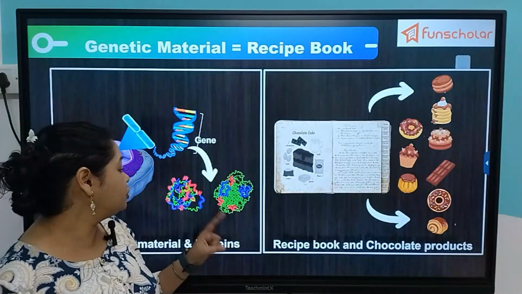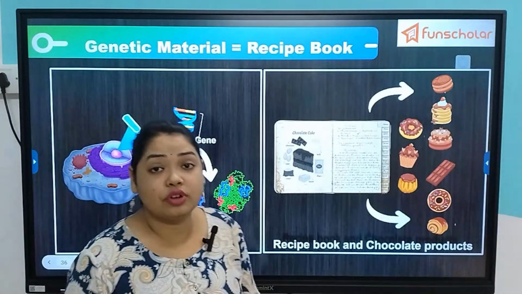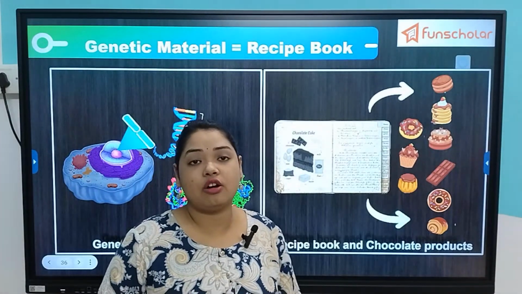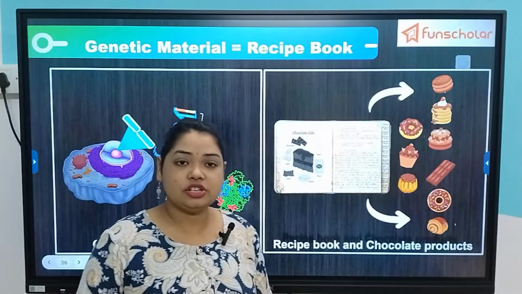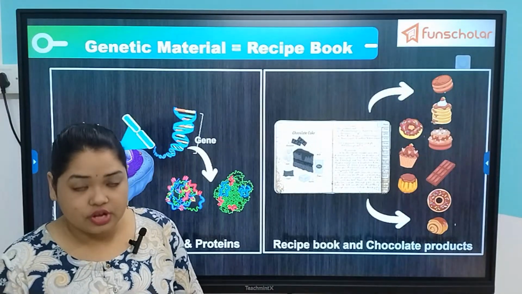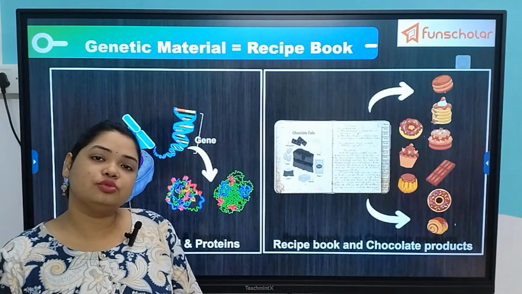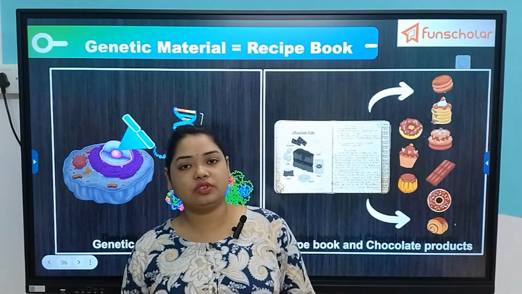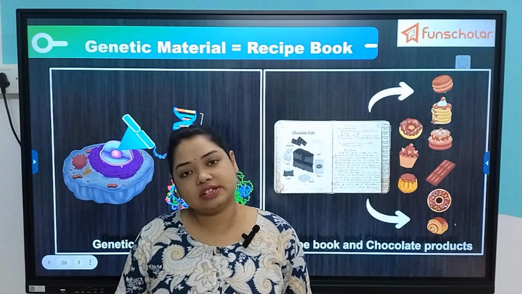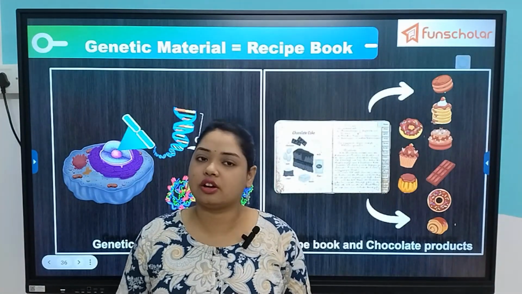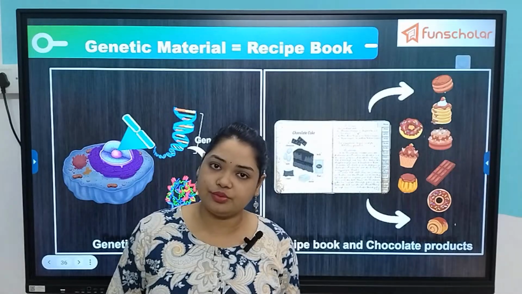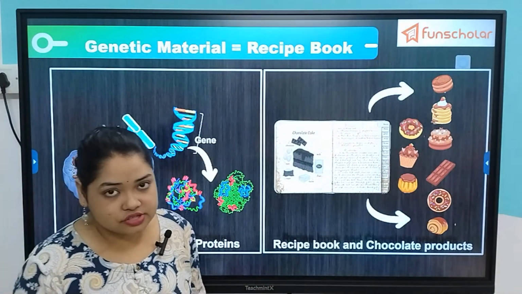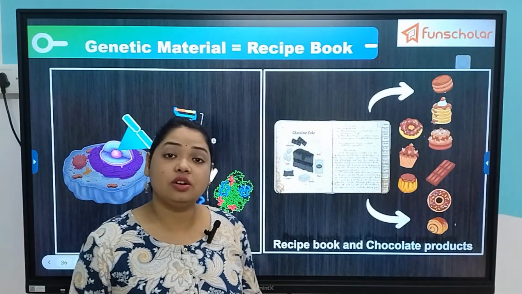Those genes code for certain proteins, and these proteins then carry out the functions which they are assigned for. So according to the type of protein that will be synthesized, the functions of the cells will be carried out accordingly. In that way, they coordinate the functions of the metabolic reactions of the cell as a whole.